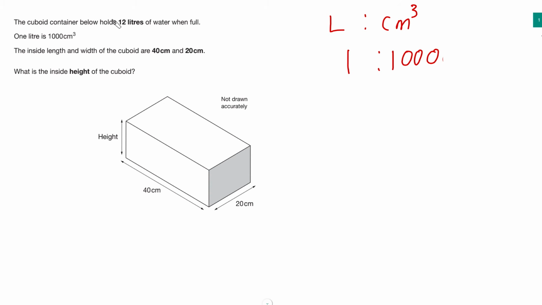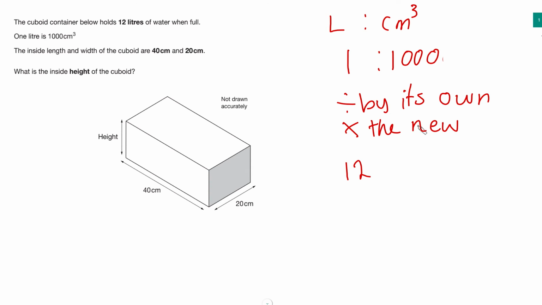Okay, that's fine. So it now tells you that the cuboid below holds 12 litres when full. So if it holds 12 litres, can we not work out its volume? Yes, we can. So remember, with a ratio, you divide by its own, and then you multiply by the new. So it tells you that it holds 12 litres.